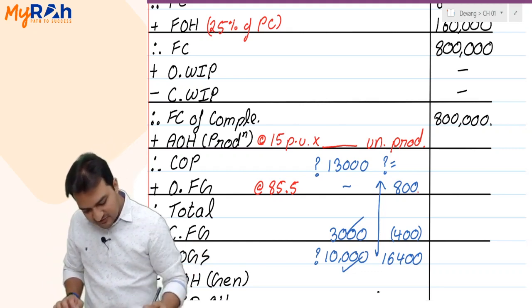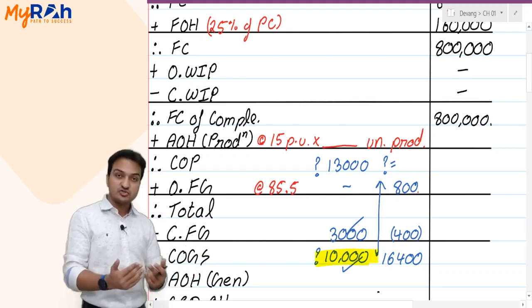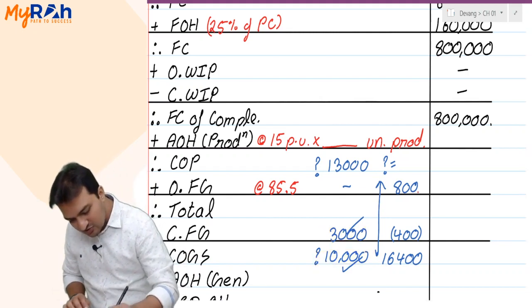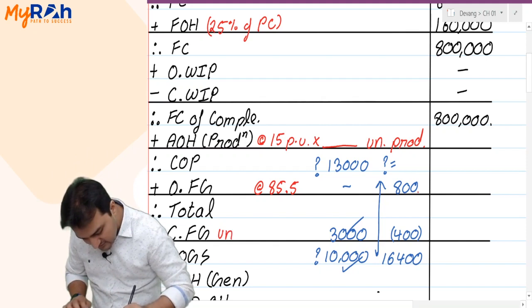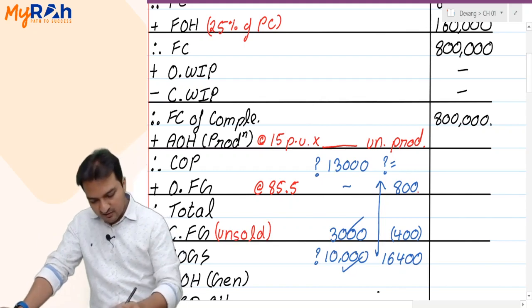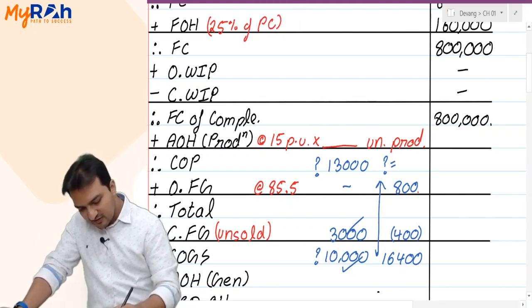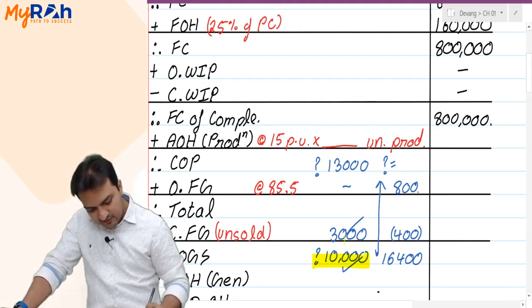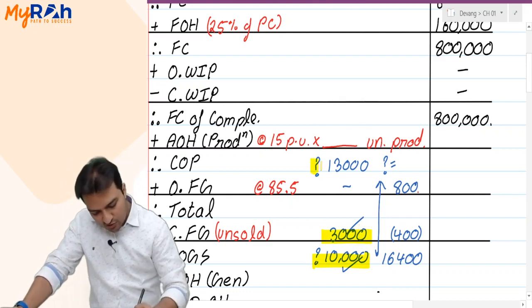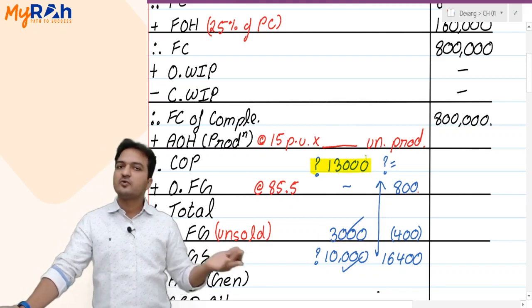If 10,000 was my sold units, 3,000 was closing FG. Remember, closing FG means unsold units. So if 10,000 is the sold units and 3,000 was the unsold units, then how do you identify total production units? Simple, reverse working, add them up.